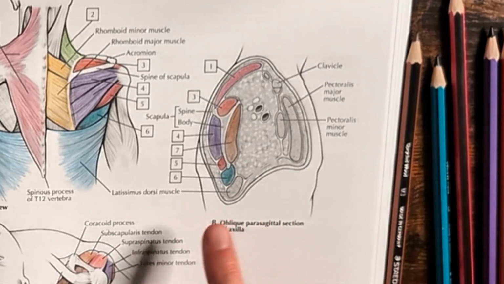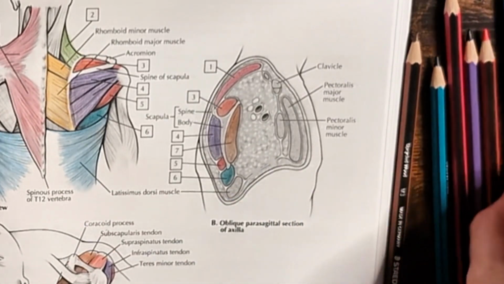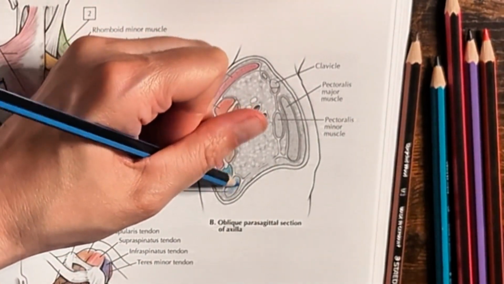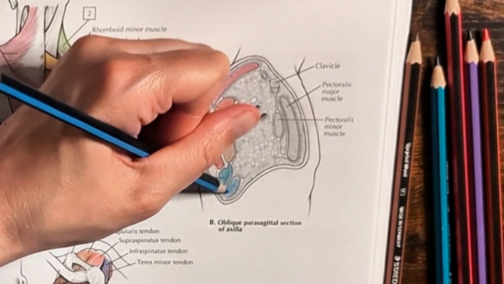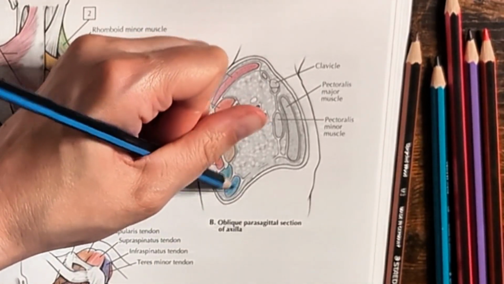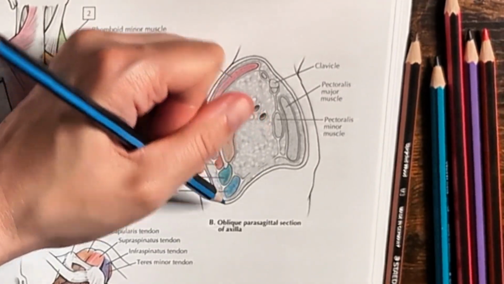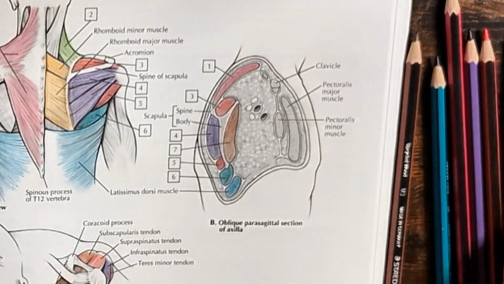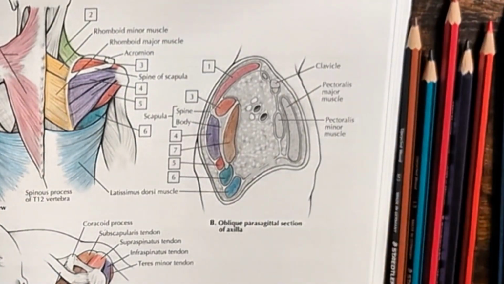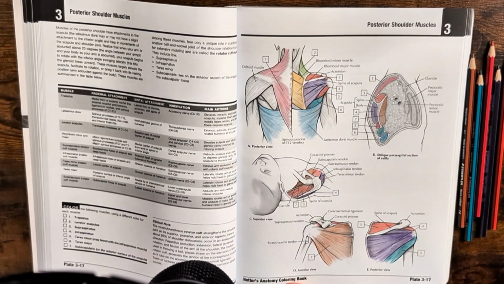Okay, and lastly, we have latissimus dorsi, which we colored with a light blue. There we have it.